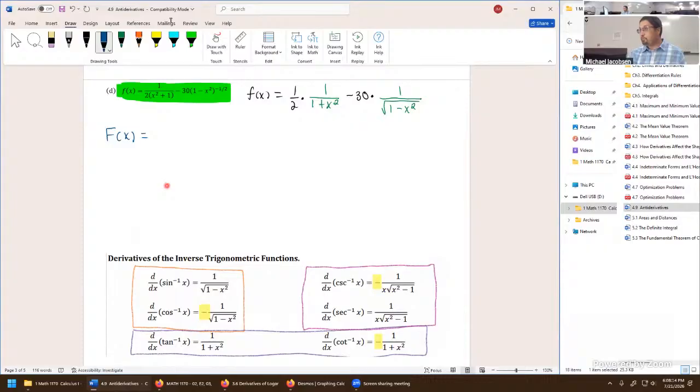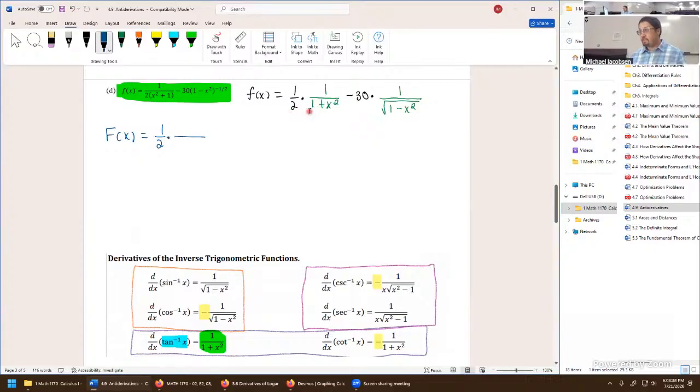So if you see a 1 over 1 plus x squared, here it is, miraculously. We can answer the question, what did we ever differentiate to get that? The answer was tangent inverse. The derivative of tangent inverse is 1 over 1 plus x squared. So finding this antiderivative, the constant multiple rule allows us to carry in the 1/2 times.